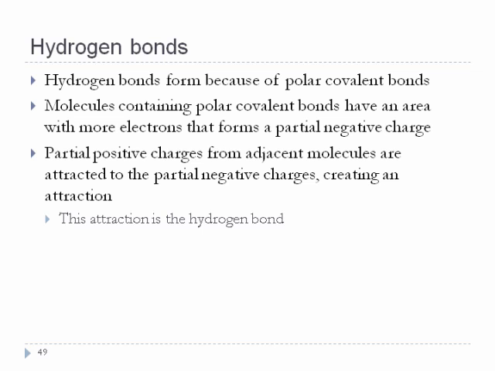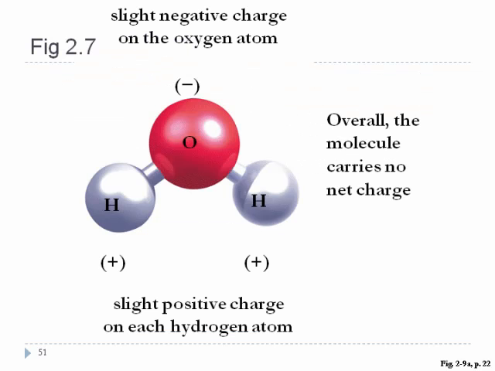So actually what I want to show you, because the oxygen holds on a little more tightly to the electrons, it has a slight negative charge. Because the hydrogens don't hold on to the electrons as tightly, they have a slight positive charge.